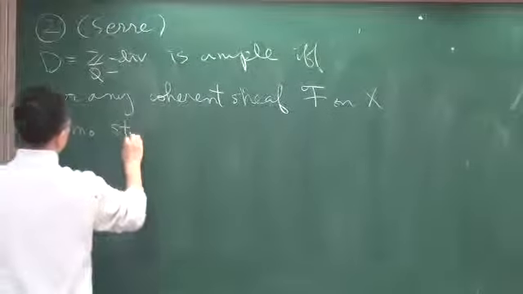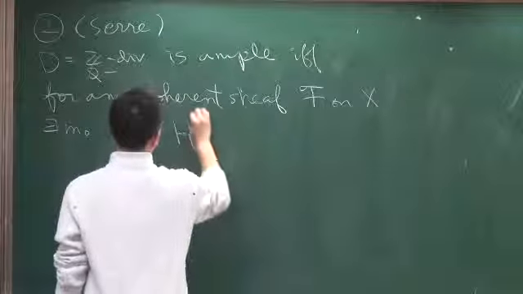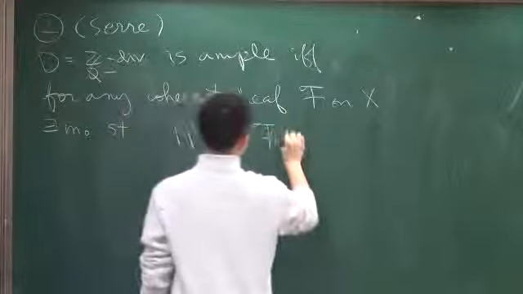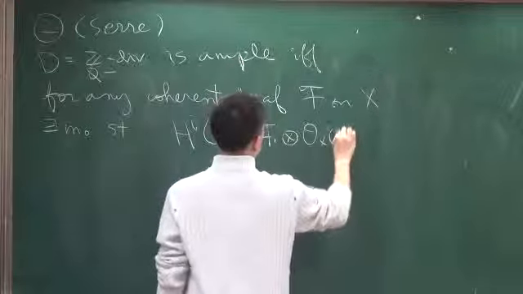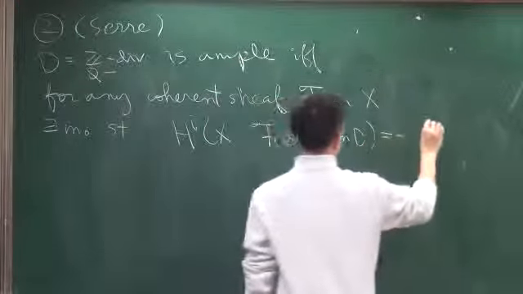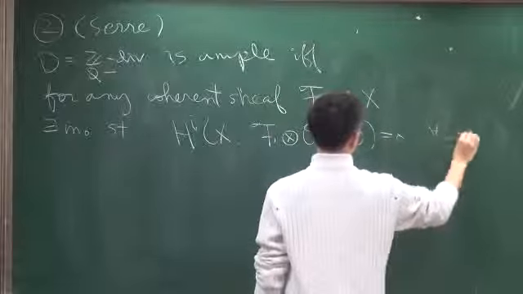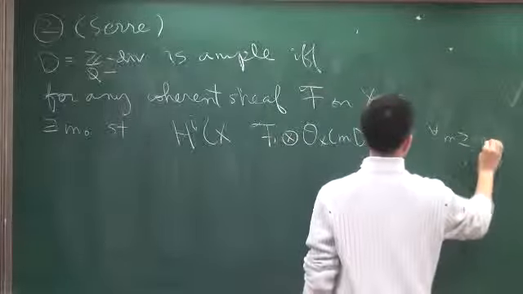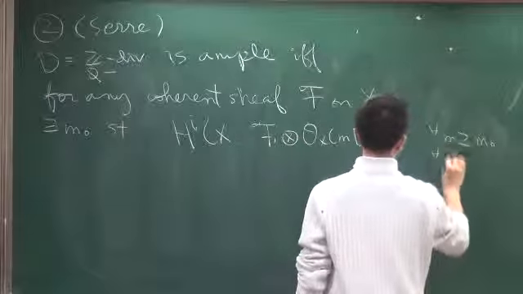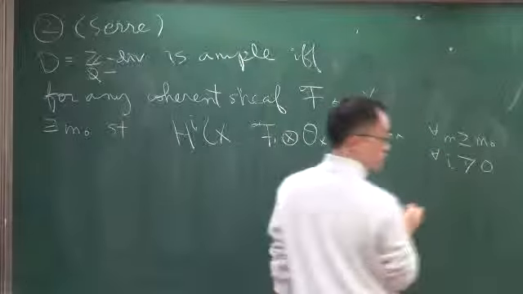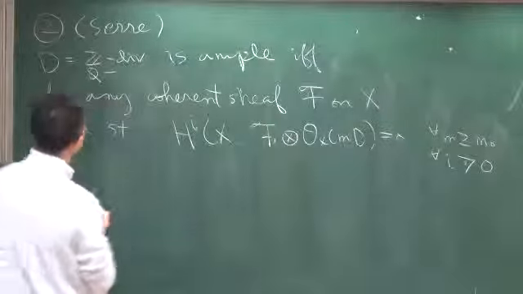Okay, for any coherent sheaf F on X, there exists some integer m0 such that H^i(X, F(mD)) is 0 for any m greater than m0, for any i greater than 0.